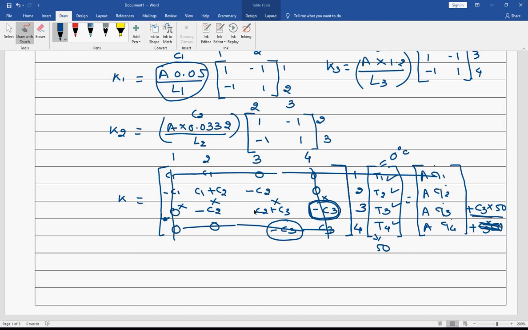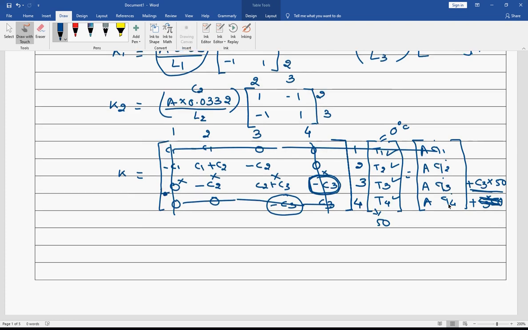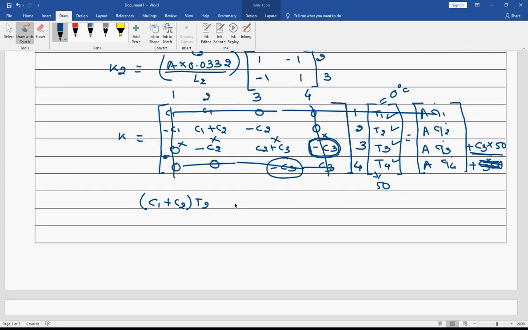This is the first equation and this is the second equation. So I can just write this C1 plus C2 into T2 minus C2 into T3. And this A is 1. Already we have considered this A to be 1.